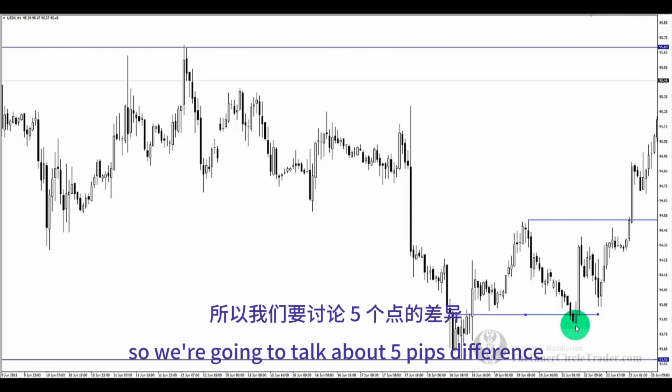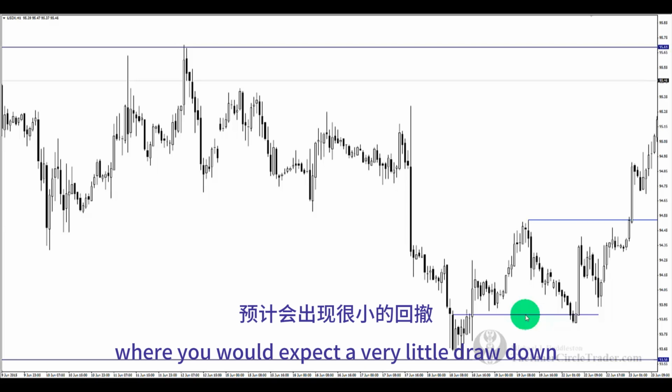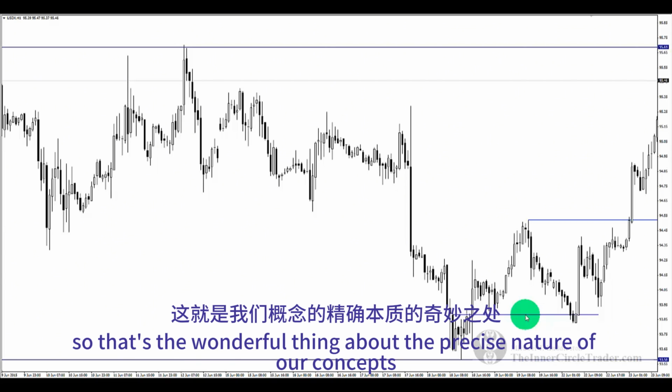So we're only talking about 5 pips difference. Okay, so it allows you to keep your entry levels very close to the market, where you would expect very little drawdown. So that's the wonderful thing about the precise nature of our concepts.